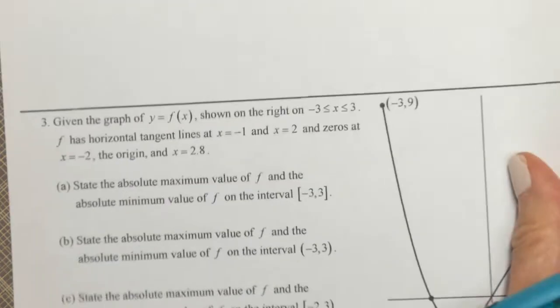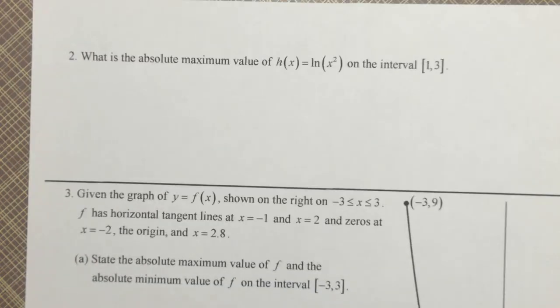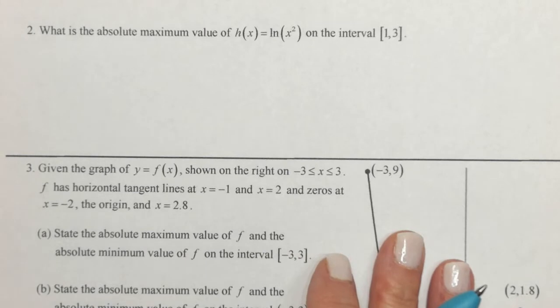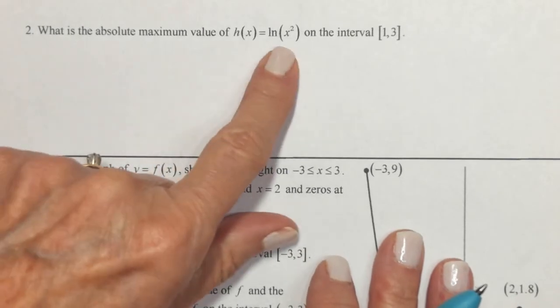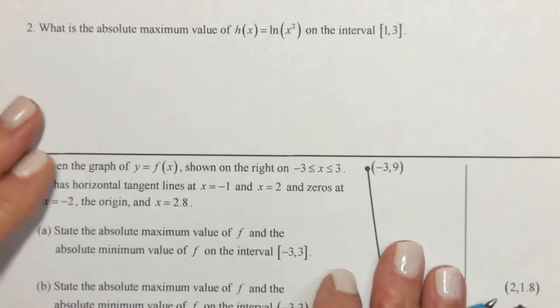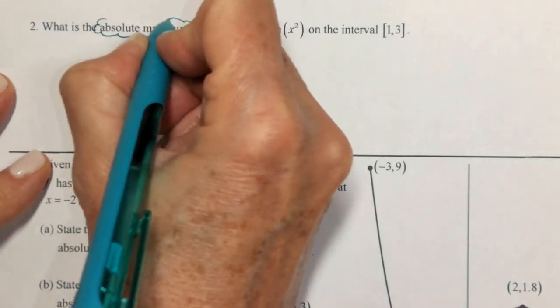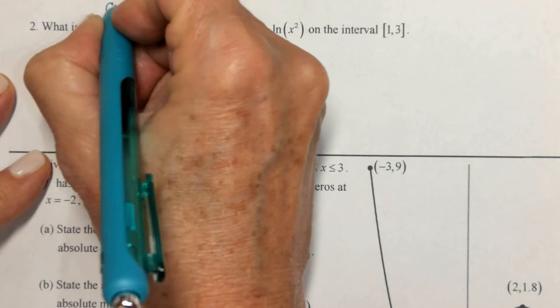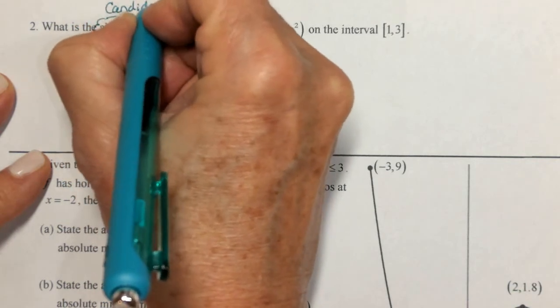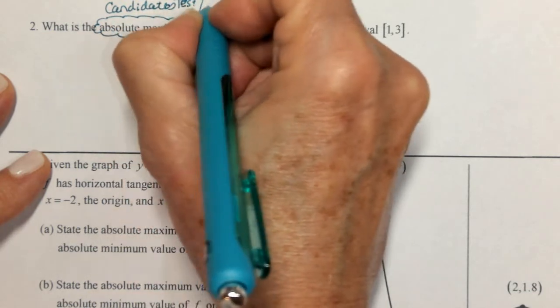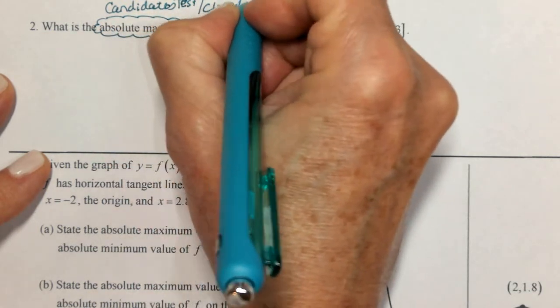Next example, number 2. What is the absolute maximum value of H is equal to this on this interval? The absolute maximum value. So immediately I think candidates test, or you can think of it as closed interval test, either way.